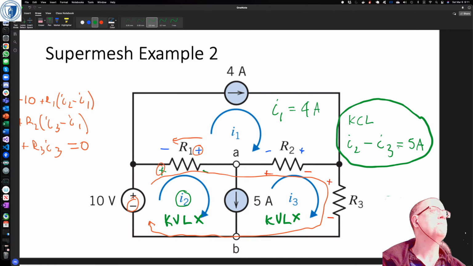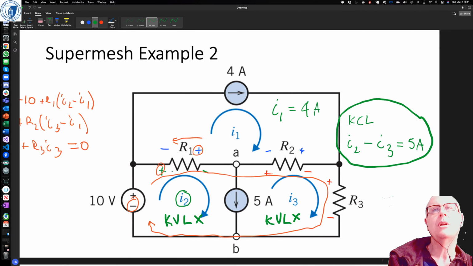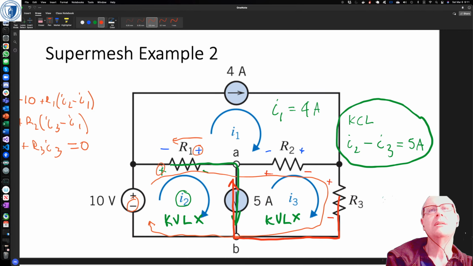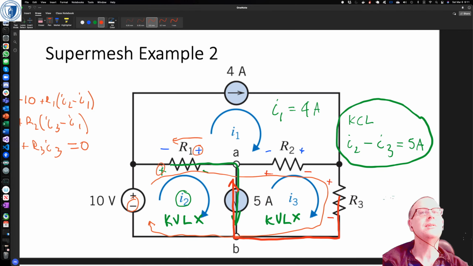Professor, I2 and I3 are going in the same direction, right? Nope, they're going in opposite directions through the current source. If you follow I2 around, it's going that way, and if you follow I3 around, it's going that way. So they're going in opposite directions through it. They're both going clockwise, so in that sense they're going in the same direction.